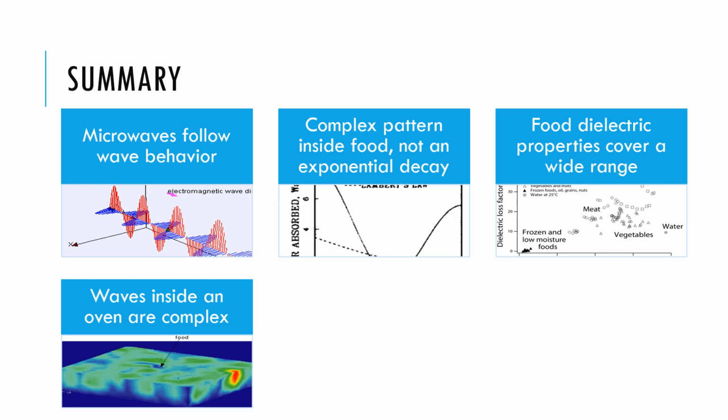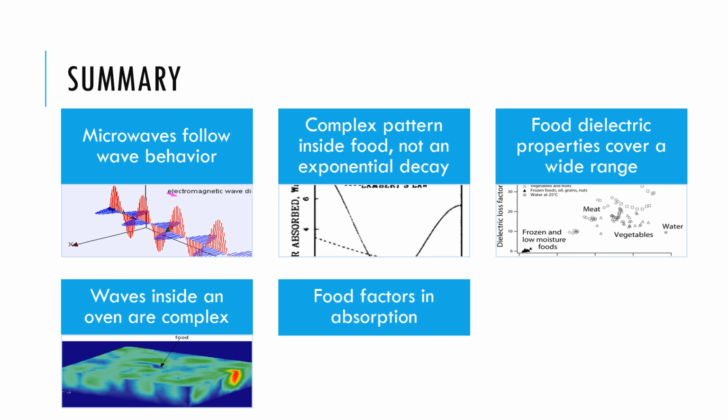Microwave absorption in the food is related to many different food factors and oven factors, and also those factors are not isolated. They are all coupled. Those effects are coupled. So what are some of these factors?